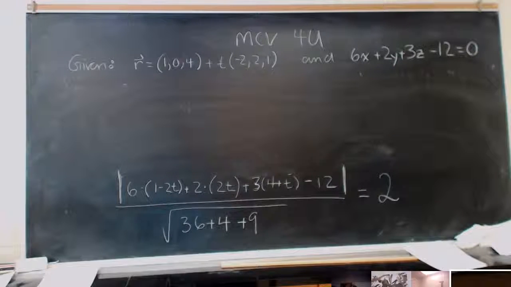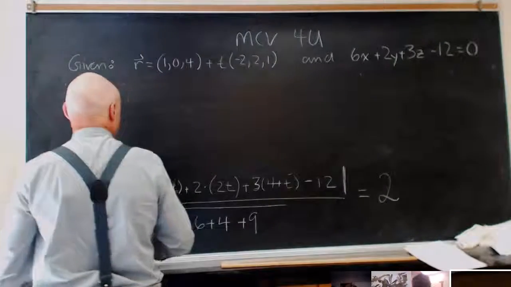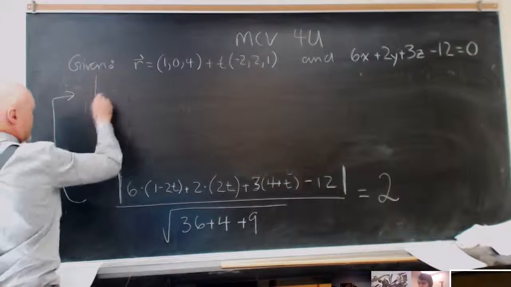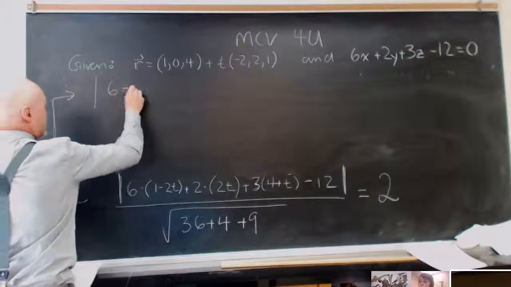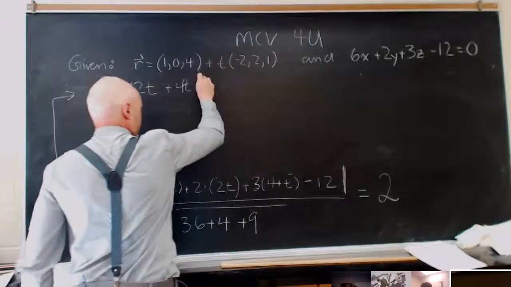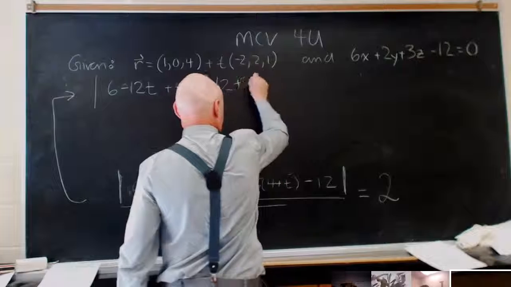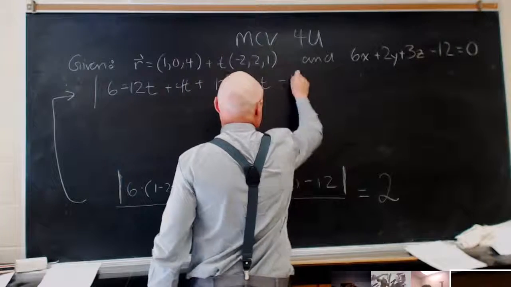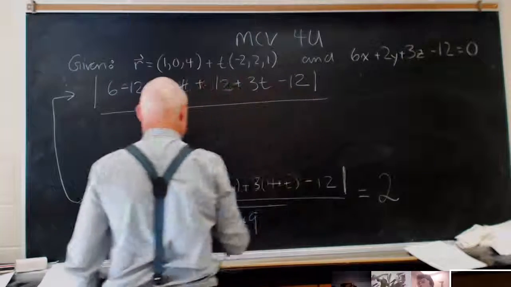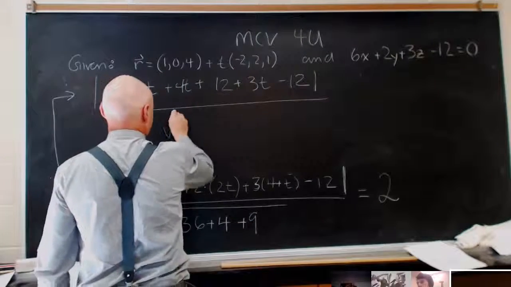Minus 2t, 2t, 4 plus 2, minus 12. Okay. So going way up here: that's minus 12t plus 4t plus 12 plus 3t plus 12, all over the square root of 49.